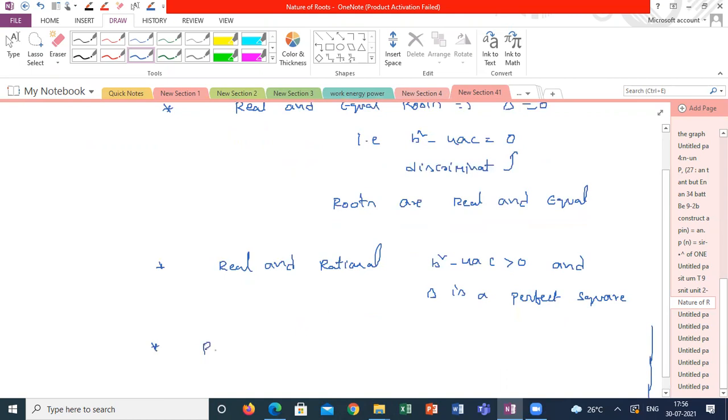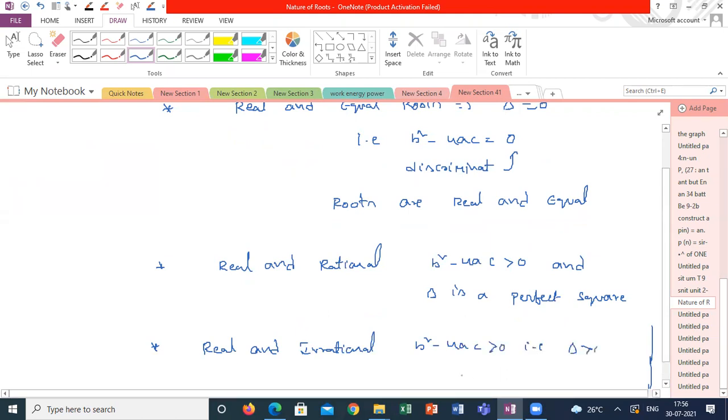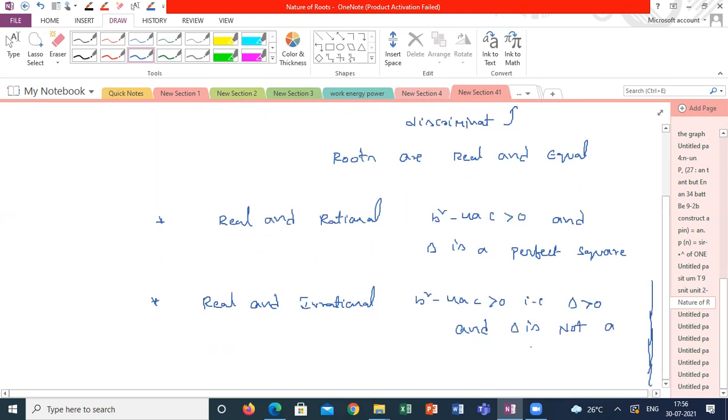Real and irrational: b square minus 4ac is greater than 0, that is, delta is greater than 0 and delta is not a perfect square. If it is not a perfect square, your roots are irrational. You will get root values, irrational numbers.